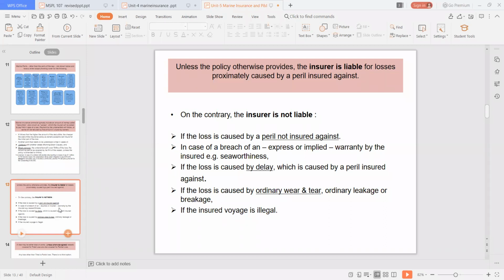Okay. So on the contrary, the insurer is not liable if the loss happens like that. So when is the insurer not liable? These are the things to be followed.